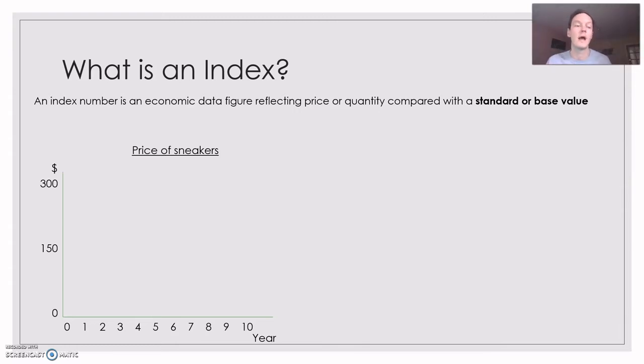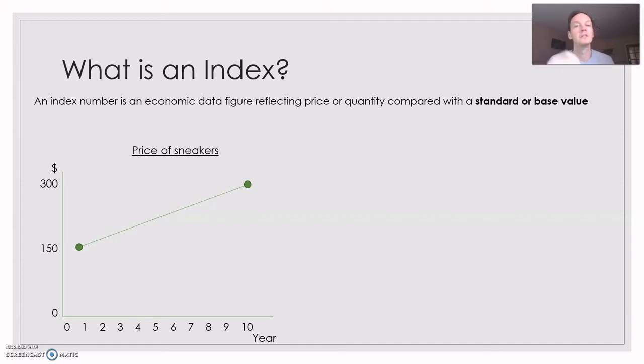So let's say we're looking at a graph of the price of sneakers, which I'm going to use as an example. You've got price on the y-axis and time in years along the x-axis. So if we have the price of sneakers starting at $150 a pair, the average price, and then going to $300 a pair, that's kind of cool. That's good information on its own, and that's all you need. Now, what an index does is it looks at the change, and that's what an index is used for.